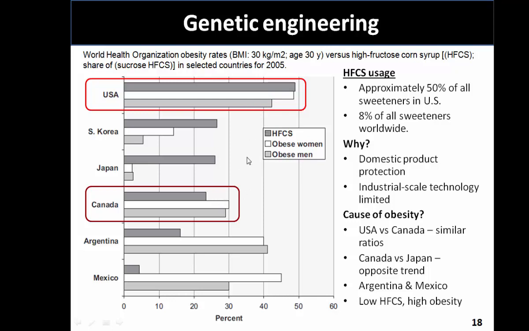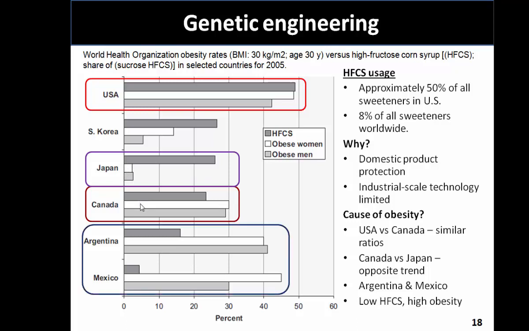So by focusing on these two countries, we might conclude that high fructose corn syrup consumption is directly tied to obesity rates. However, if we contrast Canada and Japan, we see that high fructose corn syrup consumption, in the dark gray bar, is slightly higher than that in Canada, yet the obesity rates are much lower in Japan than they are in Canada.